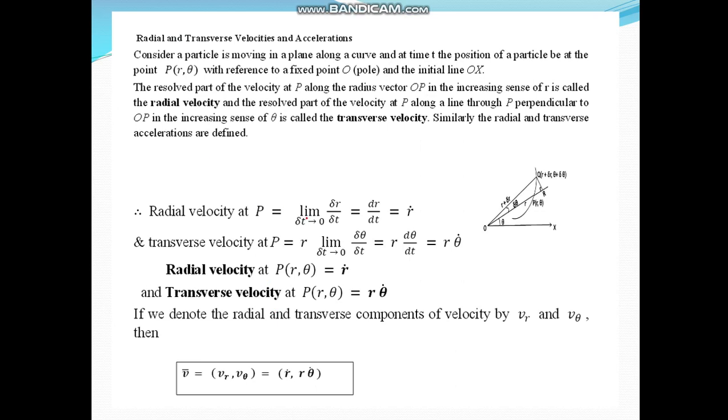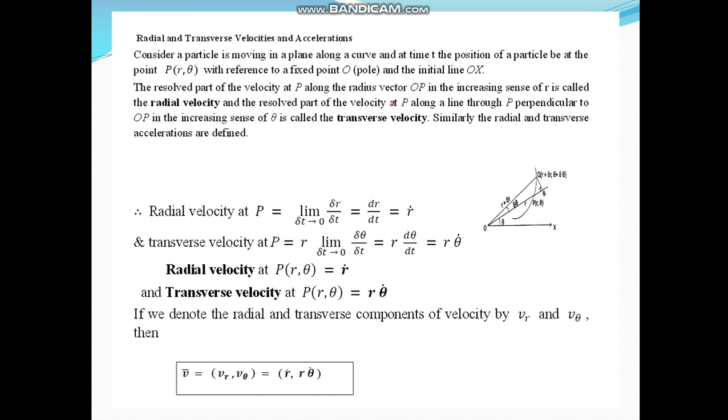Then the next topic is radial and transverse velocity and acceleration. So again, radial velocity: the resolved part of velocity at P along the radius vector OP in the increasing sense of r is called radial velocity. As P moves ahead, r keeps increasing.